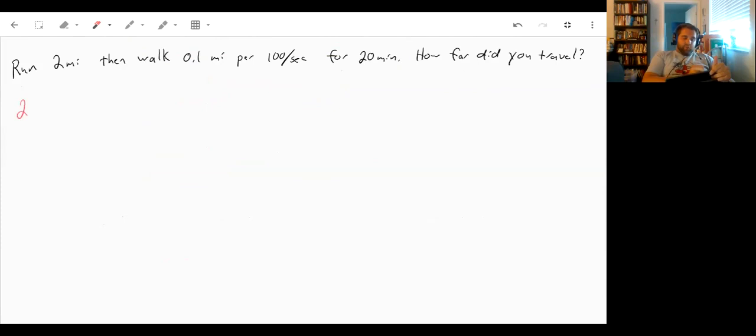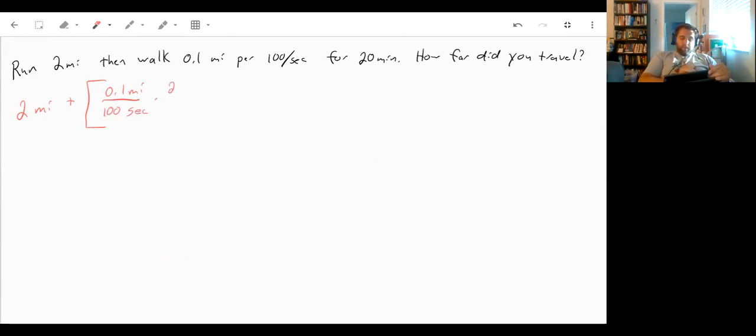So we have 2 miles that we run, and then we are going to walk some further distance that we know is actually 0.1 miles per 100 seconds. And that's going to go on for 20 minutes. So it's just 20 minutes, it's not another rate, so you can actually just do that as over 1. That way you just have fractions that are being multiplied, it just looks a little nicer.